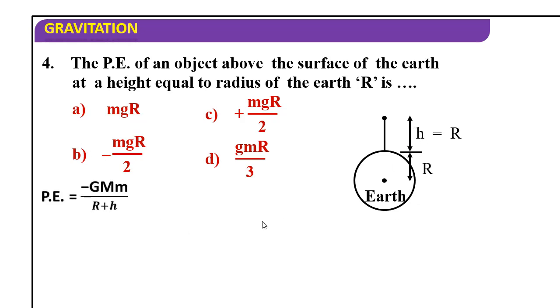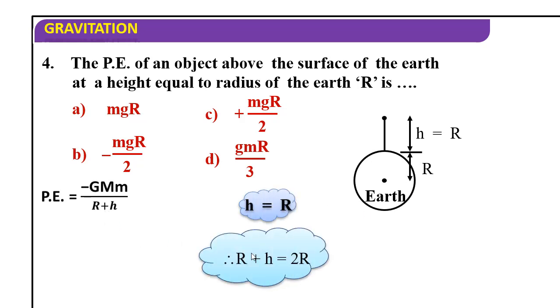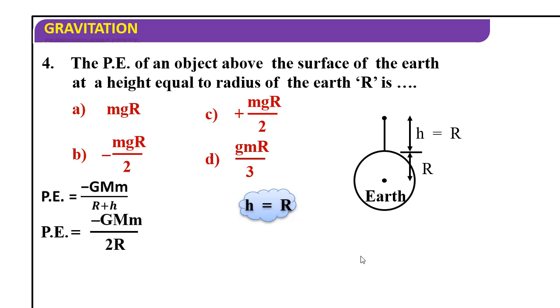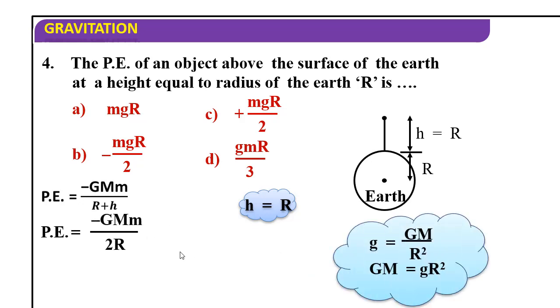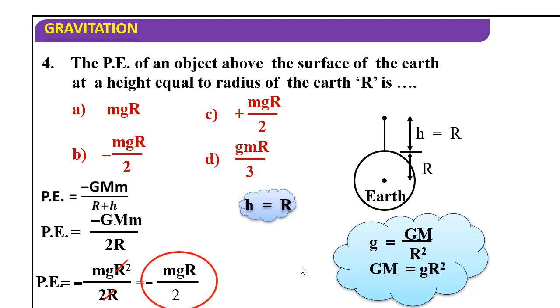See here, minus GMm by (R plus h), h is equal to R, substitute here, P is equal to minus GMm by 2R, but g is equal to GM by R square, substitute this here, P is equal to minus mgR by 2. Okay, this is the form.